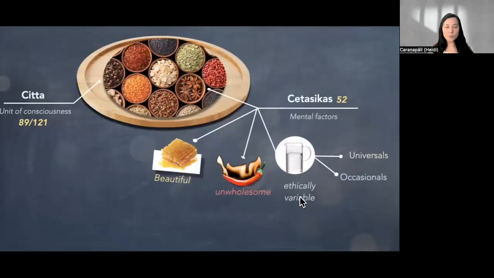These are like water or flower, so they can associate with either unwholesome or beautiful cetasikas, depending on what they associate with. The chitta will become different, but they themselves are ethically variable. The universals associate with all kinds of chittas, and the occasionals, most of them, but not all.